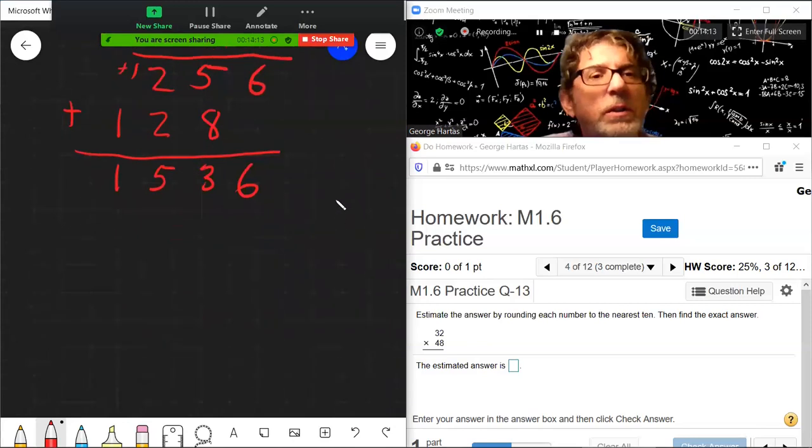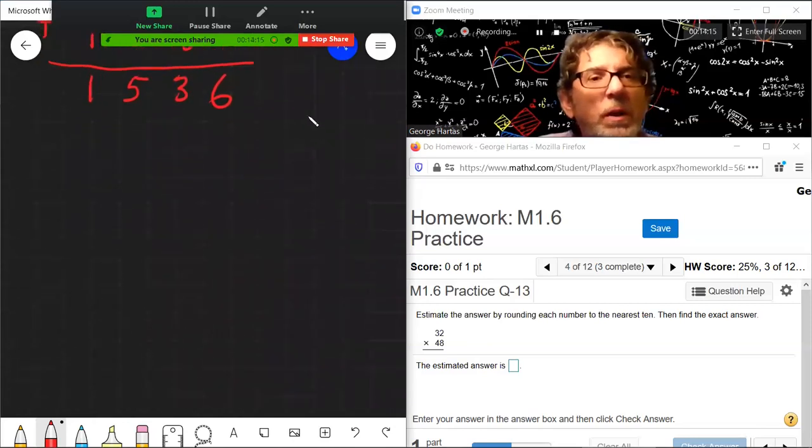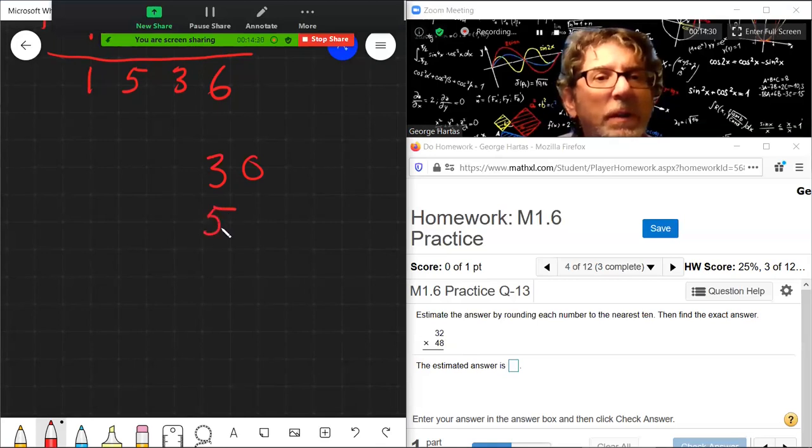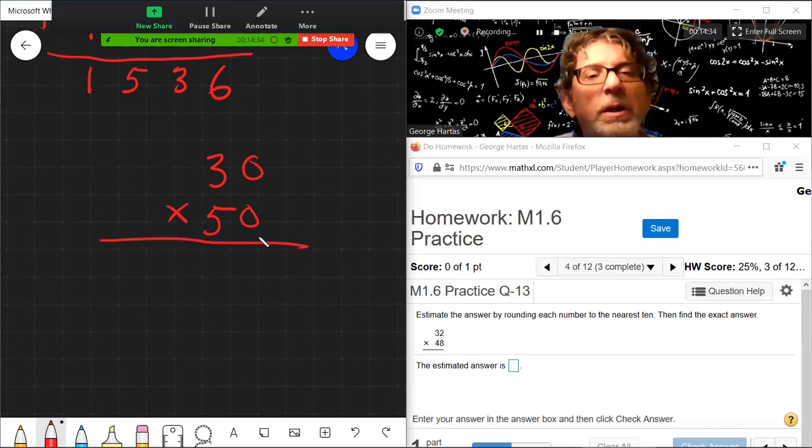So we need to round 32 to the nearest 10. Well, that's 30. We need to round 48 to the nearest 10. Well, that's 50. Now, if you recall from the multiplication video, if you have zeros to the right of numbers, you can just simply bring them down, because 0 times anything is 0.